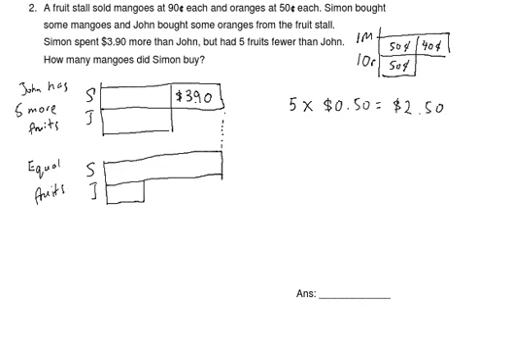Okay, Jingkai, tell me, why do you think the model for John becomes shorter? John bought less fruits. Who bought less fruits? Never mind. Jack, help him. Why do you think the model for John becomes shorter?